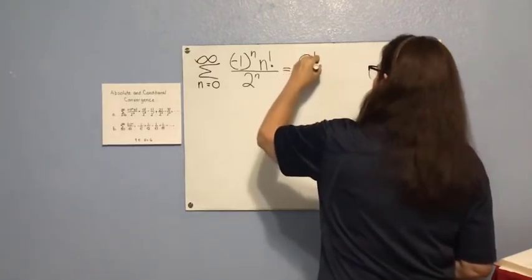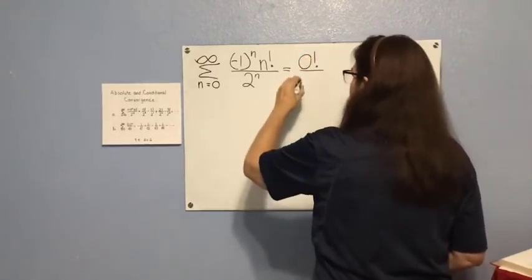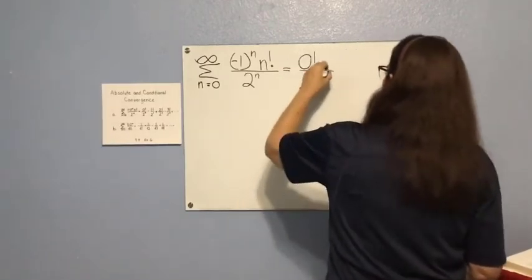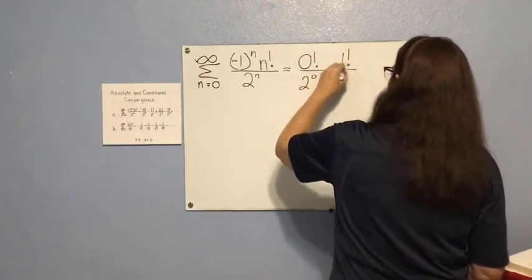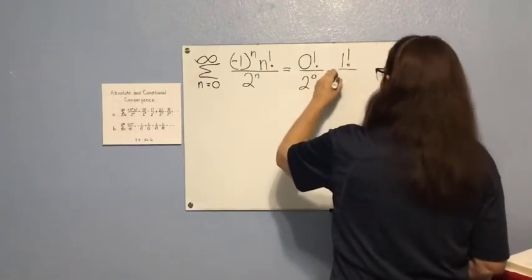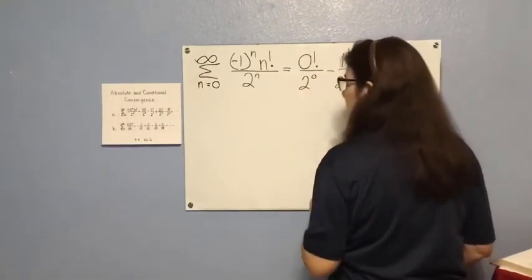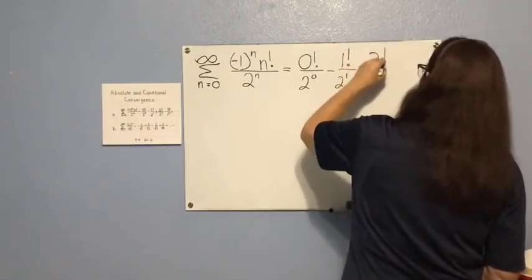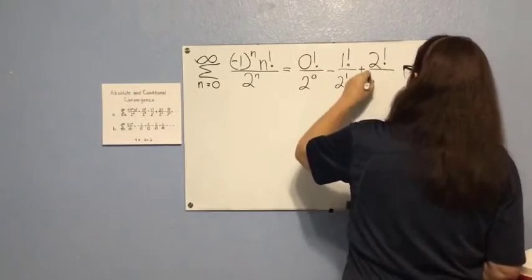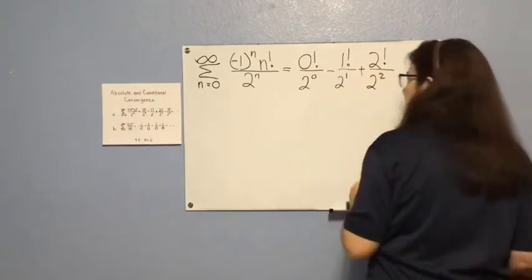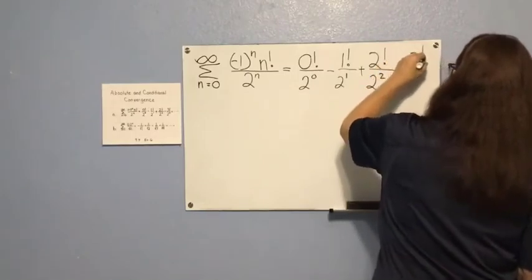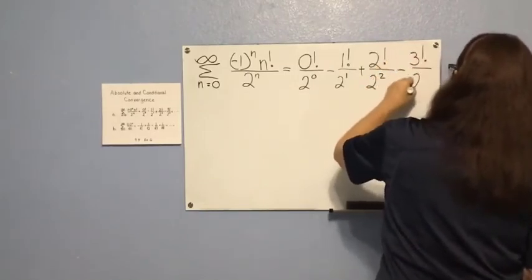Got 0 factorial over 2 to the 0, minus 1 factorial over 2 to the first, plus 2 factorial over 2 squared, minus 3 factorial over 2 cubed.